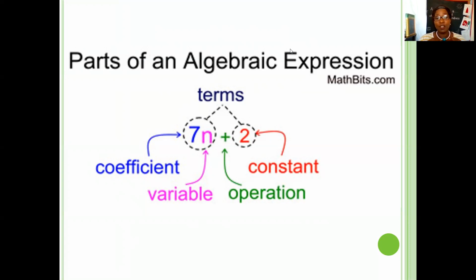Your terms can be the constant by itself, a variable by itself, or a combination of a coefficient and the variable. Those are terms. However, the moment we add an addition or subtraction operation, at that point we now have an expression.